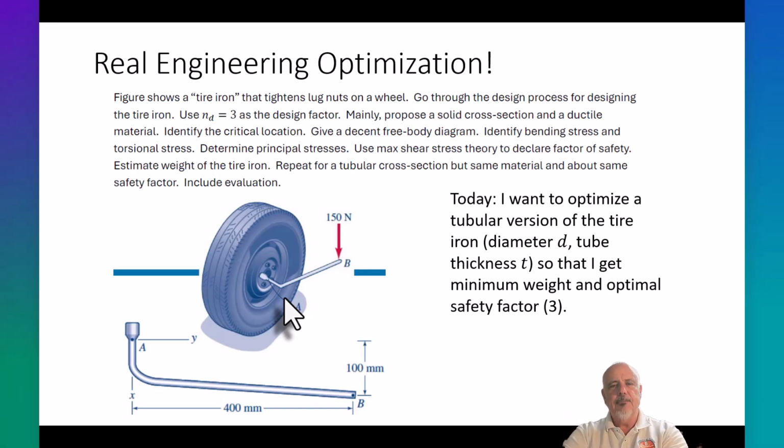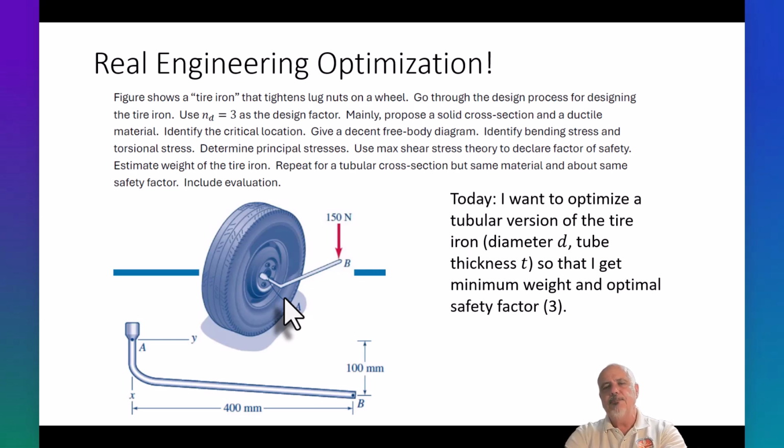So you're applying the 150 Newton load over at point B, and where the tire iron connects with the lug nut is at point A, and that's where the critical location is. So that's where we're going to worry about bending stress, torsion, and our failure by max shear stress theory. We're going to think about a static failure scenario here and use max shear stress theory.